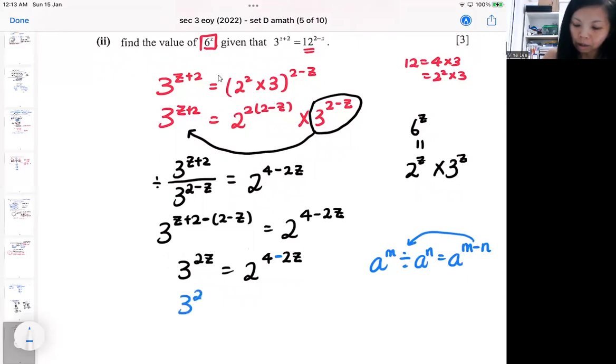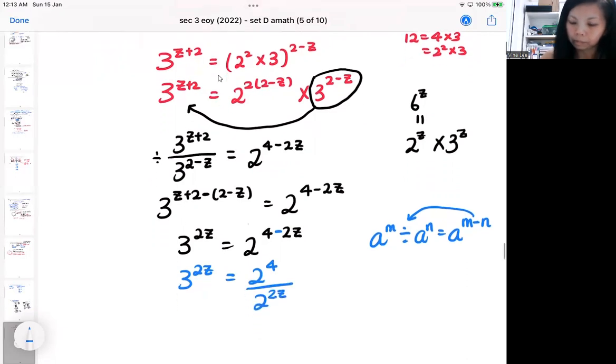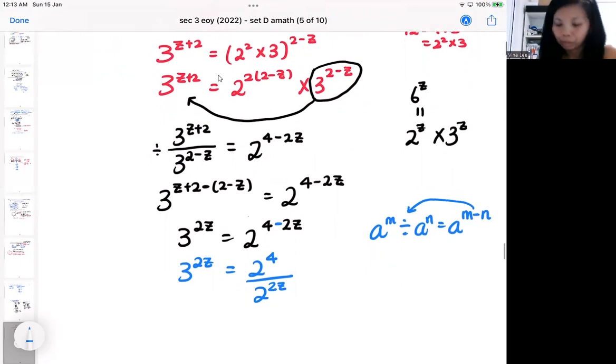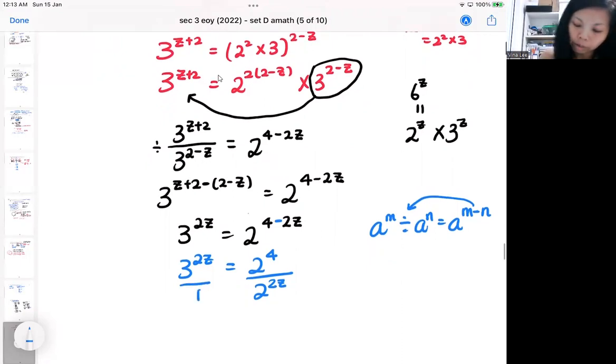That's exactly how I'm going to execute it. It came from a divide, so I'm executing the opposite of the same base division, and I will do a cross multiplication. This is a 16.